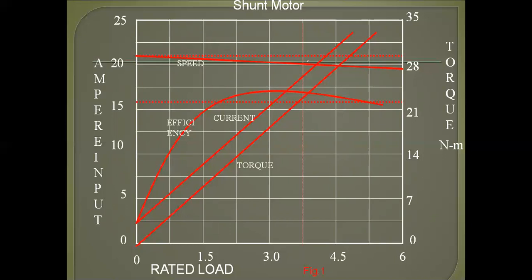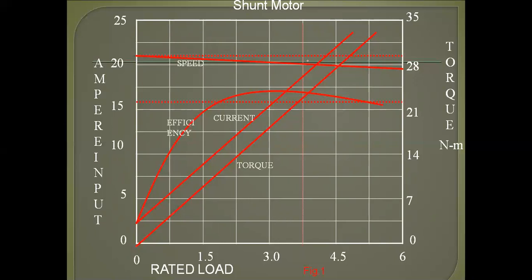Since there is a slight variation in speed of the shunt motor from no load to full load, this slight variation can be made up by inserting resistance in the shunt field and so reducing the flux.